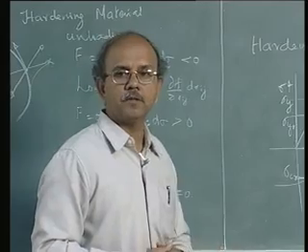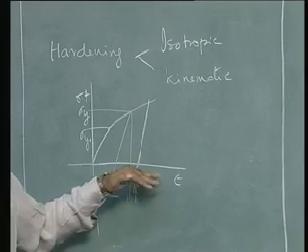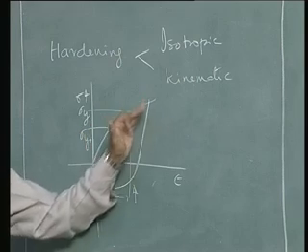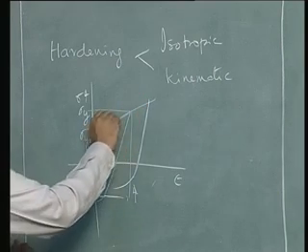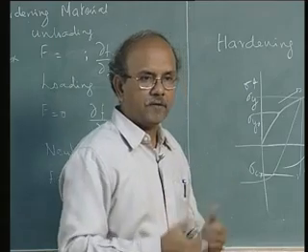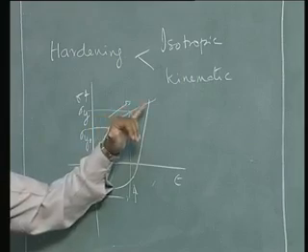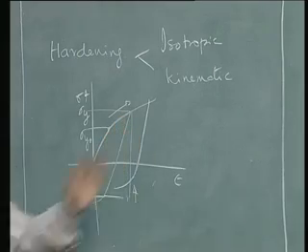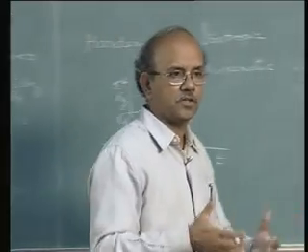I'm repeating what this effect is and the reason. Once I start climbing up the curve, the hardening effects are there, and so more and more stress is required. There are two reasons to it. One, of course, you know that the second phase particles may act as hindrance to the dislocation motion.